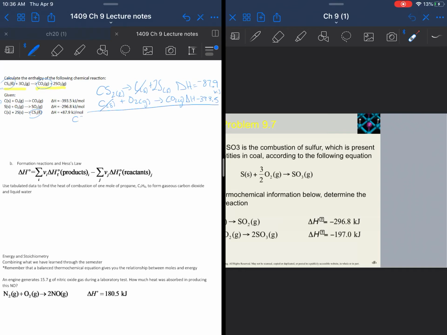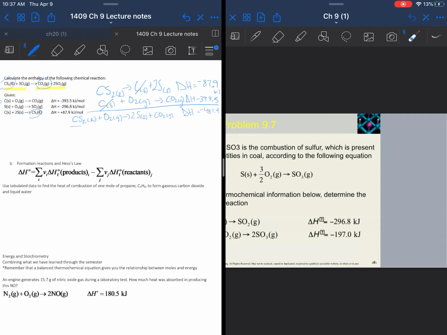Now, I'm going to add those together before I keep moving on, so I can see what I need. I see that there's 1 mole of carbon on the product and the starting material side, so I can cancel that out. So I'm going to wind up with carbon disulfide plus a mole of oxygen, yielding 2 moles of sulfur and CO2.